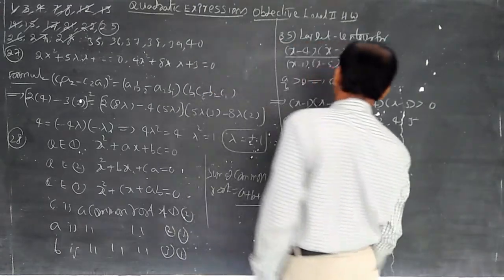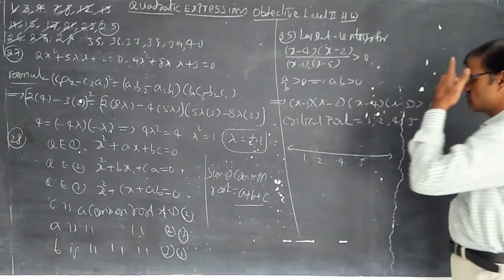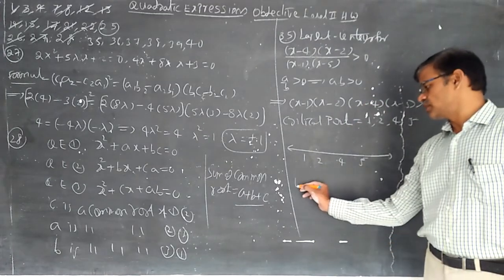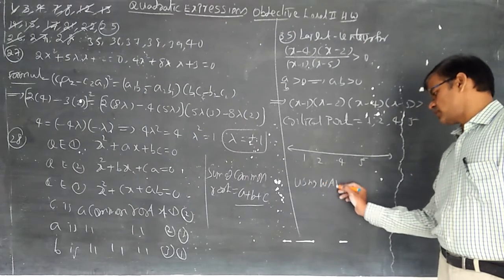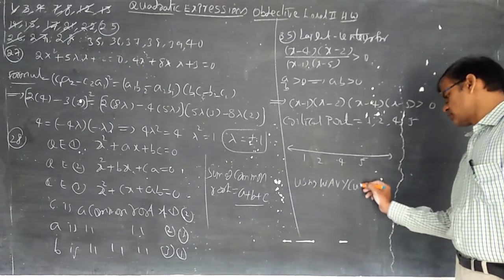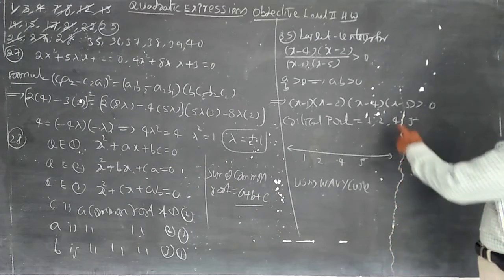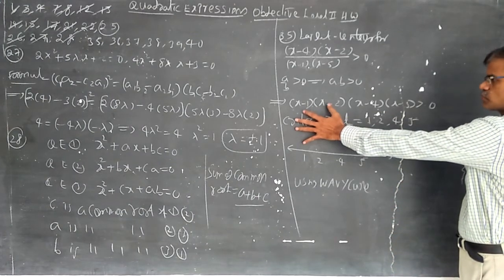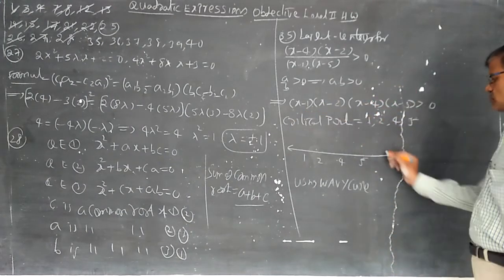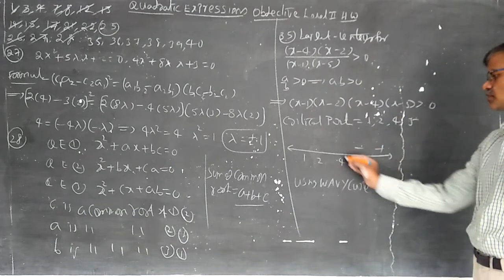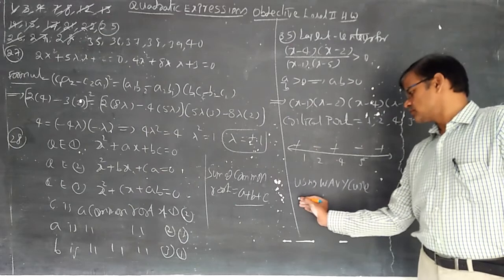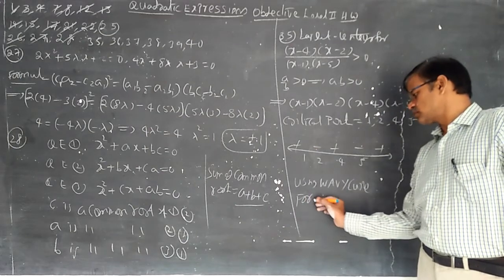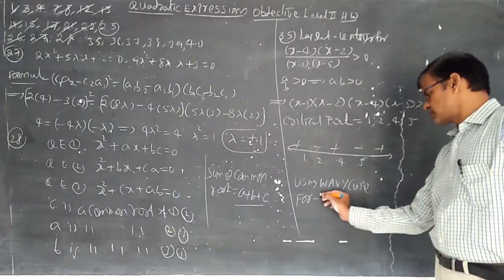We should discuss greater than 0, positive, using the wavy curve. Put 6 here: 6 minus 1, 6 minus 2, positive, positive, positive, so it becomes positive. So it is negative, positive, negative, positive. So that is for positive; he is asking about negative.